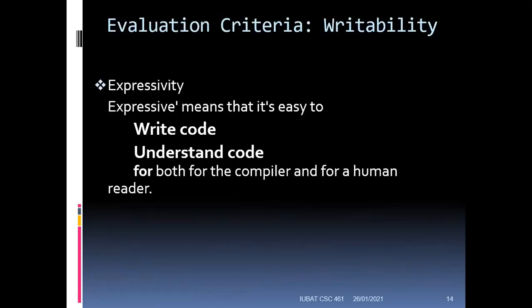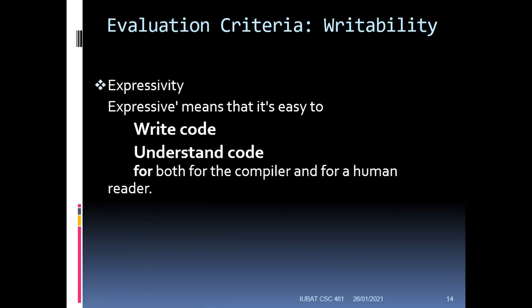Now going back to the topic, what are the evaluation criteria for writability? Whenever you are writing code in any programming language, the code should be easier to write and easier to understand, for both the compiler and a human reader. That's where refactoring comes in.